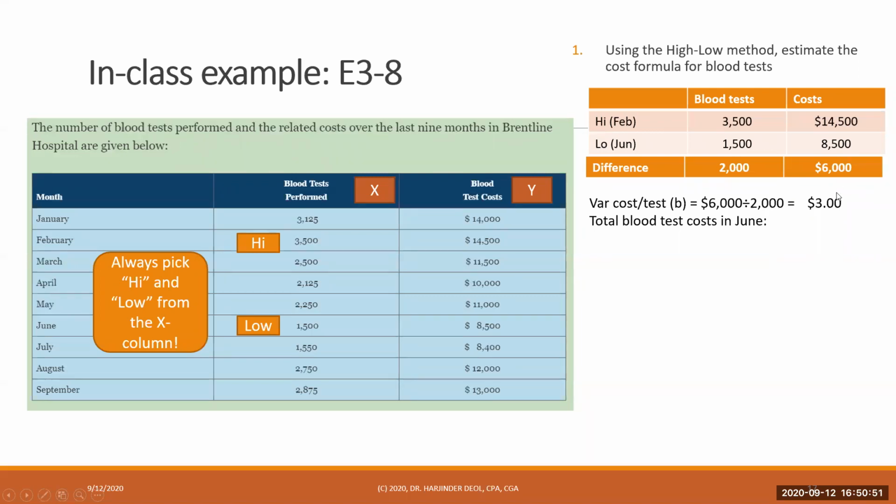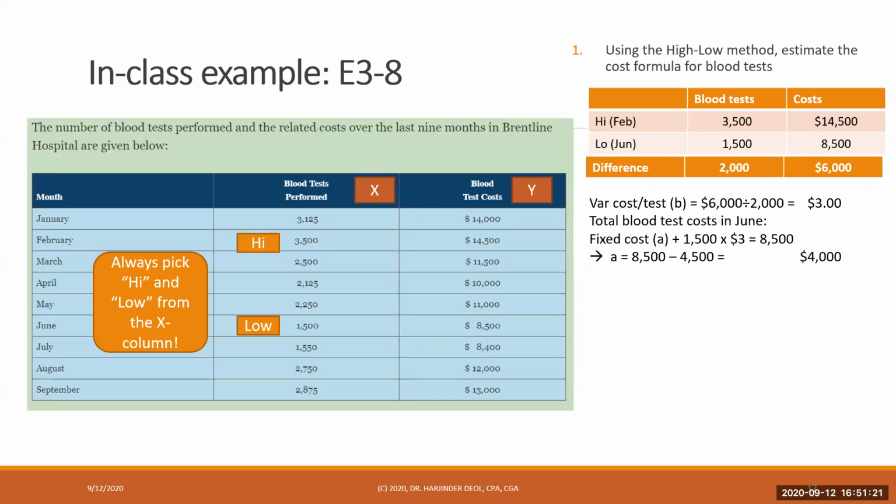That can only be explained by the fact that there is a fixed cost component. So the fixed cost, the A, the intercept value, plus the variable cost of the blood tests for the month of June is equal to 8,500. And then it's just a matter of calculating the value of A. The value of A is $4,000. There's a $4,000 fixed cost each month.